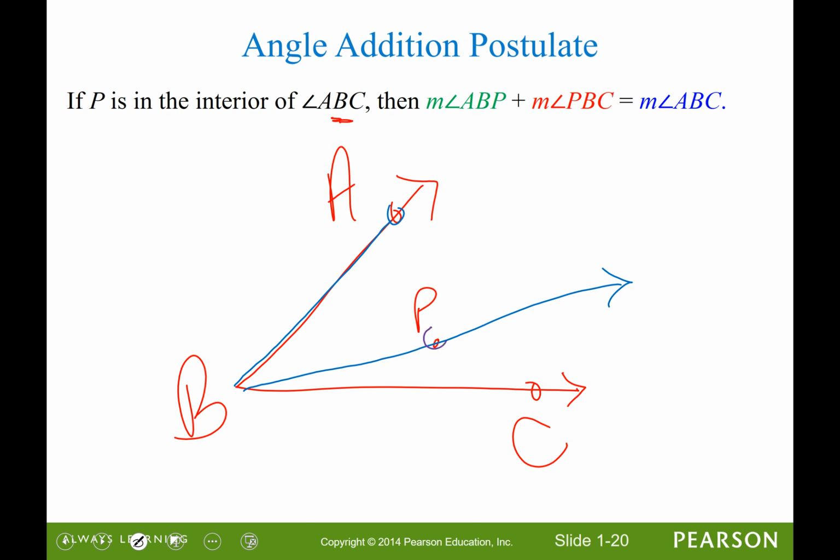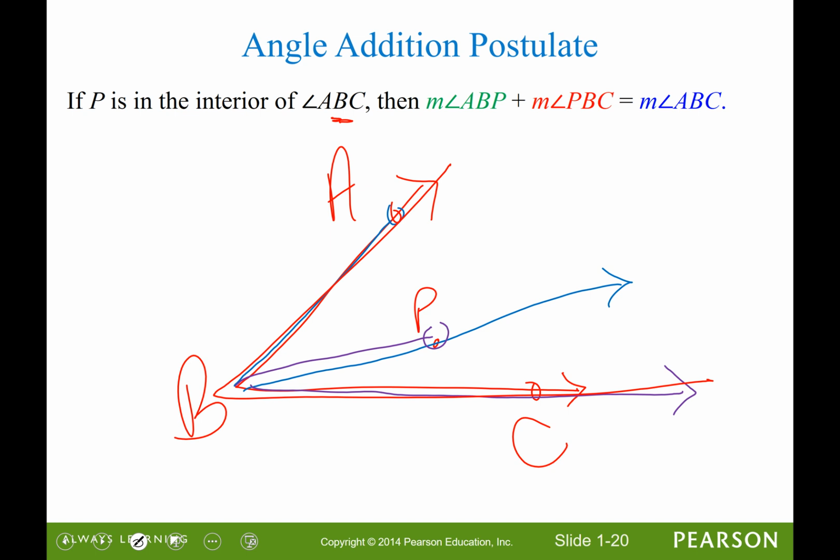So that would be from here to B passing through C. Well, those colors are kind of similar, sorry, the light blue and the light purple. Then that would equal the whole measure A to B to C.